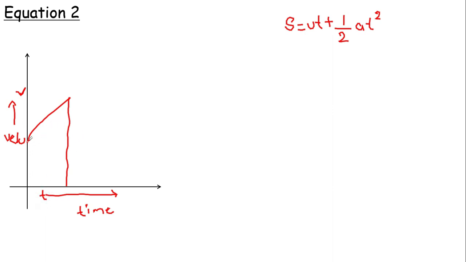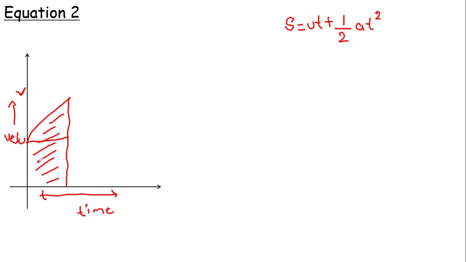To find the displacement, we just need to calculate the area of this part. If you observe correctly, you can divide this part into two parts, one a triangle and one a rectangle.